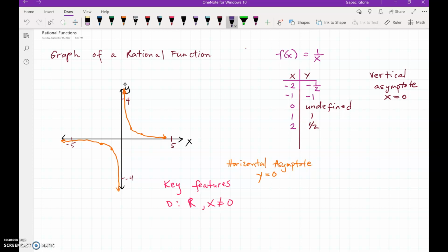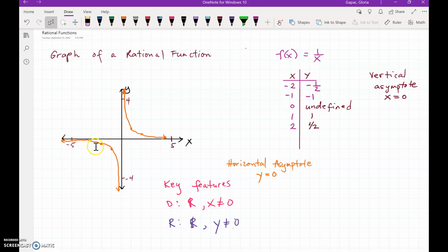And then for our range, that would also be all real numbers except y cannot be 0. Now, do we have what we call an intercept here? As you could see, the parent function did not intersect the x nor the y-axis, so there are no x or y intercepts.